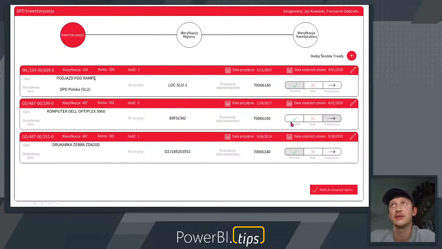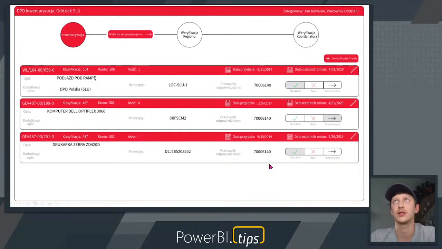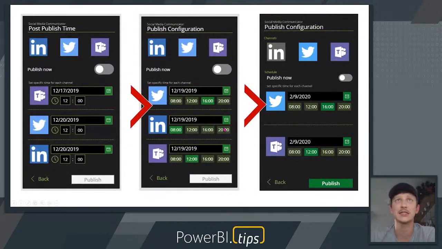And the last thing to improve was to follow the similarity principle. So this button here and this control and this control were all buttons, so we needed to make them very similar and also place them in the proper place on the screen. And the last example is, as I said previously, my very first app to publish posts on different social media, and this is how the screens changed.